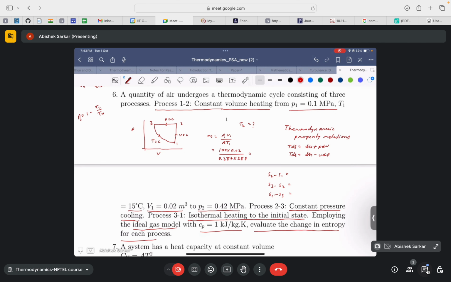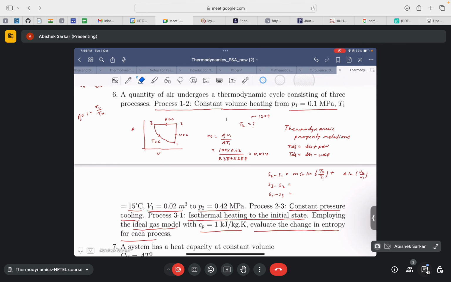So can you tell what is m? Yes, it is 0.024, and T2 is 1209. Ideally it should be some R ln. Oh, no need of m because volume is already taken in the mass.